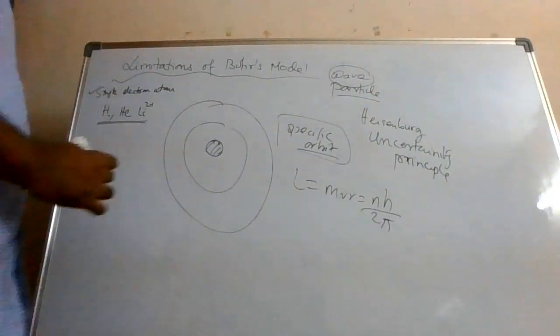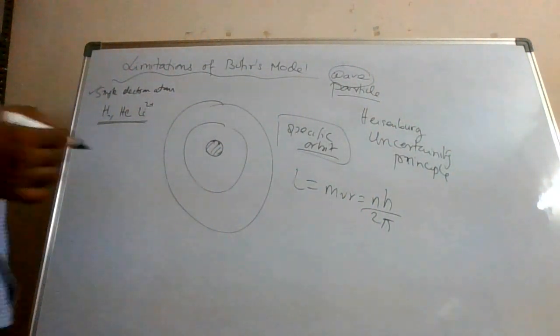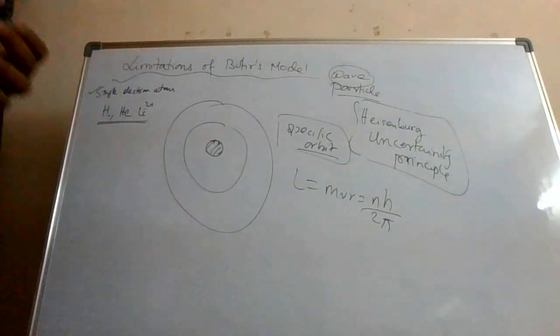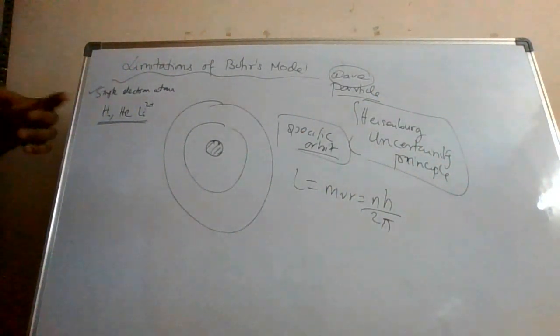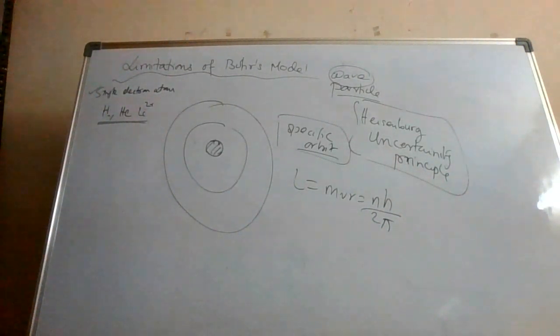Here you are saying that electron is moving in a specific orbit, but this principle says something else. It establishes the wave-particle nature, the wave phenomena of these fast-moving electrons. So these are some of the important limitations. So remember them. If any question comes, you should be able to answer on them. Okay.